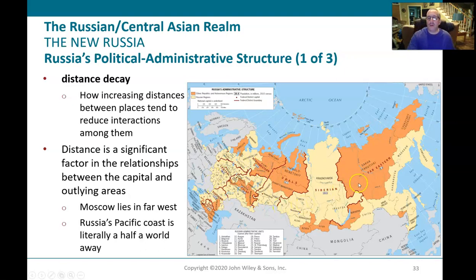So these are your primary regions and how they break up their governments. And the farther away you get from Moscow, probably the less control and less influence there is from the Russian core over here. However, the Russians have built a pretty substantial railroad system across their entire country, where it's feasible to do so, so they can conduct trade across these areas.